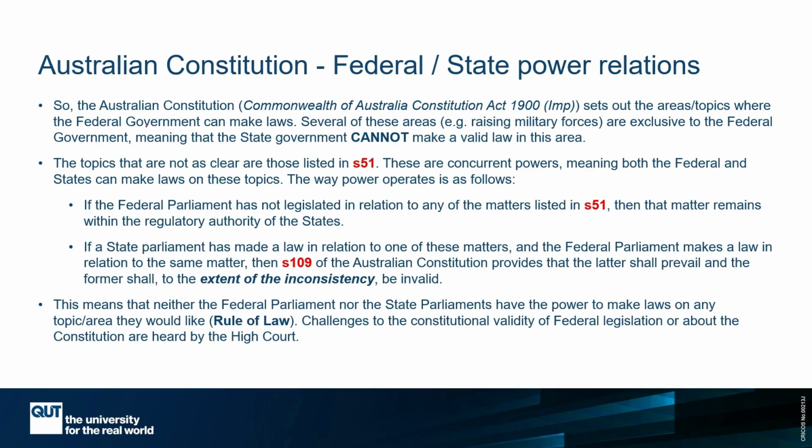So just to reiterate, the Constitution sets out what the federal government can make laws about. Some of these are exclusive to the federal government, meaning the state can't make a law in this area.